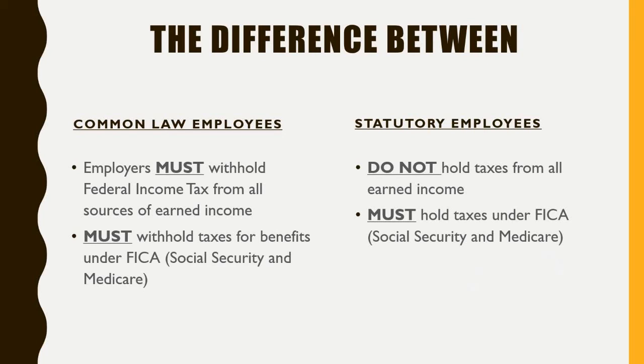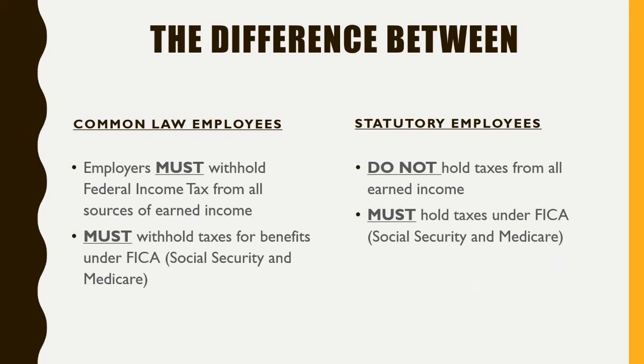And of course, we also must withhold taxes for benefits, such as FICA, which is Social Security and Medicare. While the statutory employees are not required to pay into their federal income tax, we are required to pay other taxes such as their Social Security and Medicare, and of course their benefits as well.